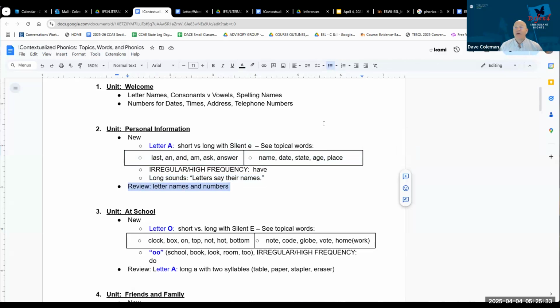So I don't have it in front of me, but if I had my Ventures book, you know that vocabulary is right at the beginning of the unit. So you're going to be doing these words and you don't have to take a lot of time. It's really a mini lesson. You're going to just say the words and have students repeat, and then you can ask them, what's the same about all of these words?